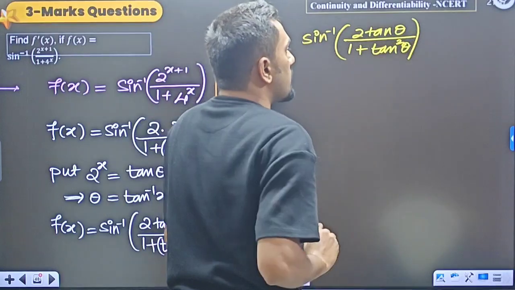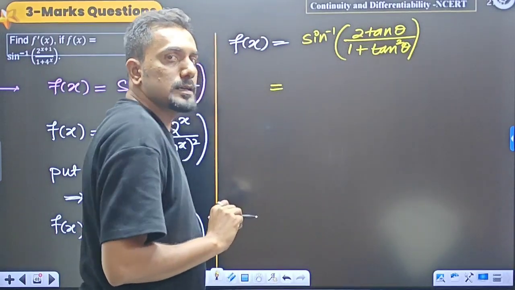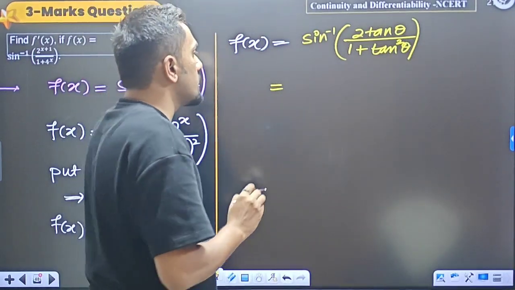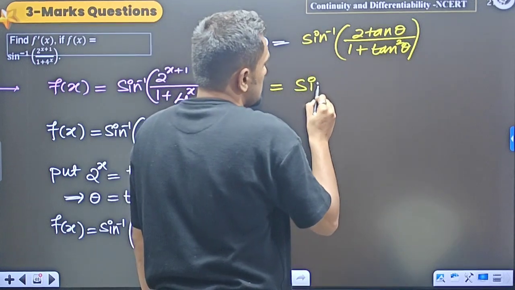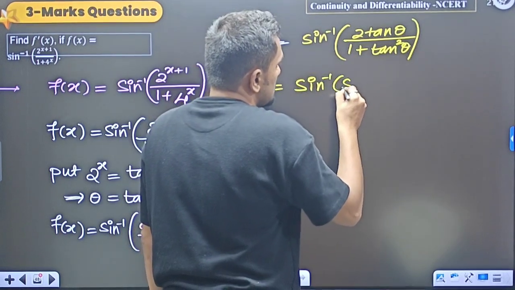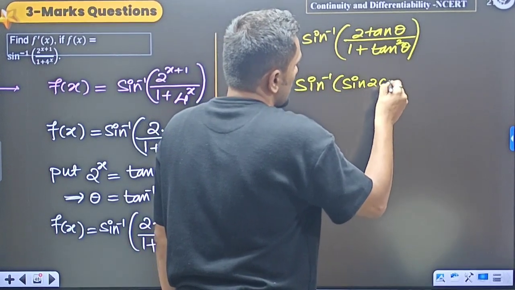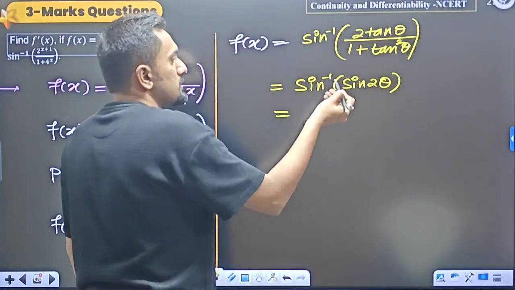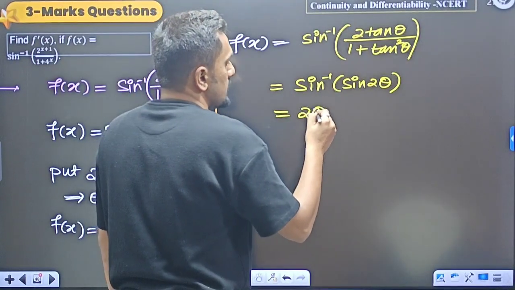2 tan theta divided by 1 plus tan square theta is nothing but sine 2 theta. So this becomes sine inverse of sine of 2 theta, and sine inverse of sine 2 theta is equal to 2 theta.